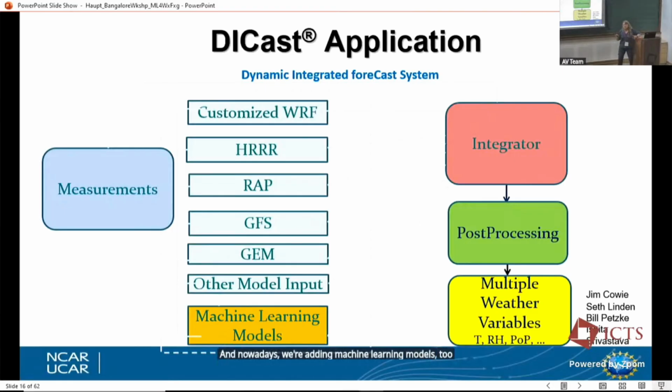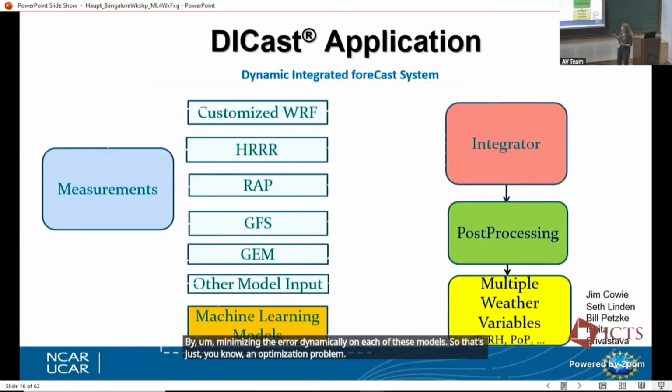So what DICast does is it starts by minimizing the error dynamically on each of these models. So that's just an optimization problem. But then the second and more important part is it constructs weights for each of these models. And the secret to DICast is it does it dynamically.